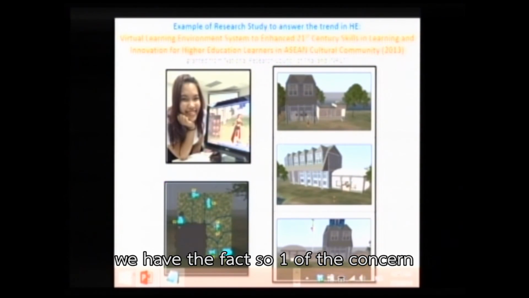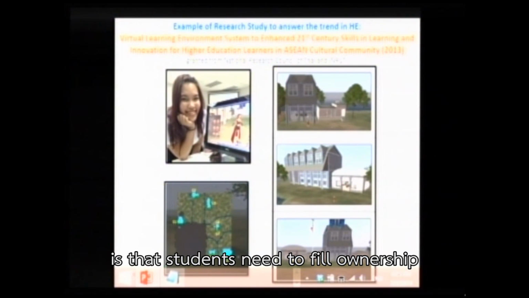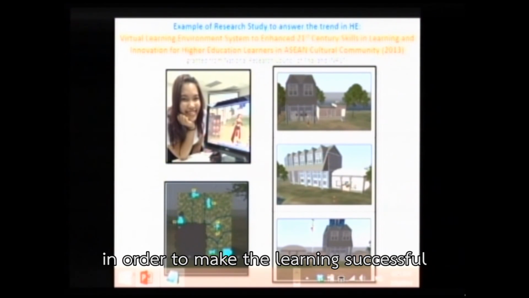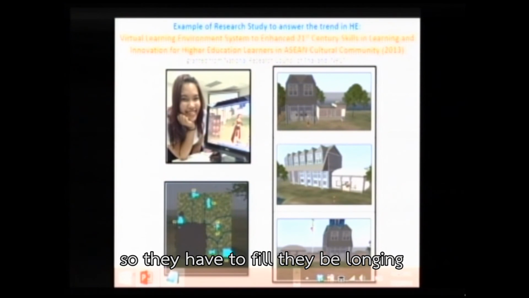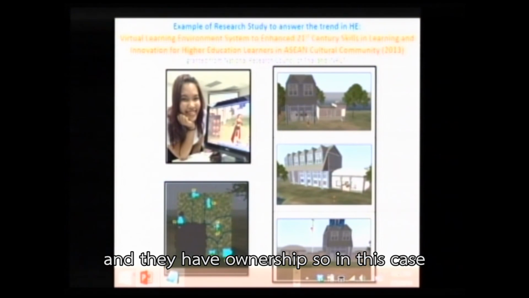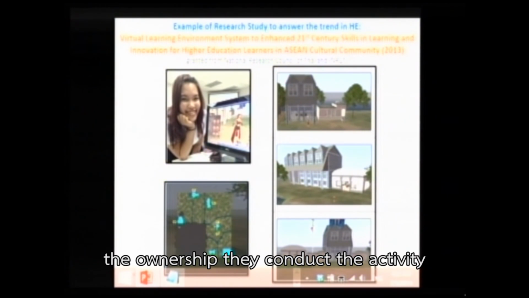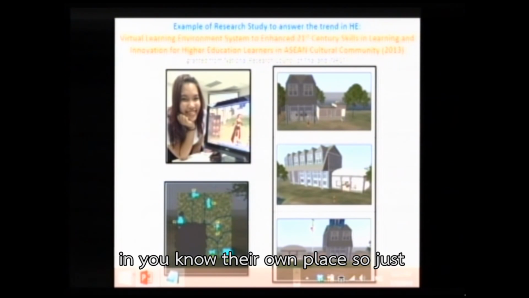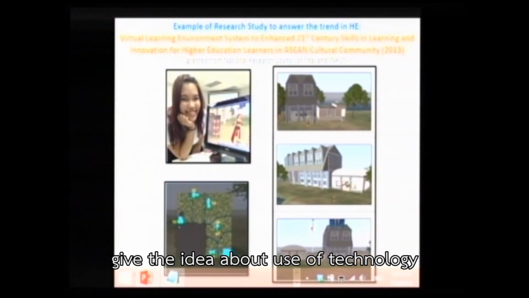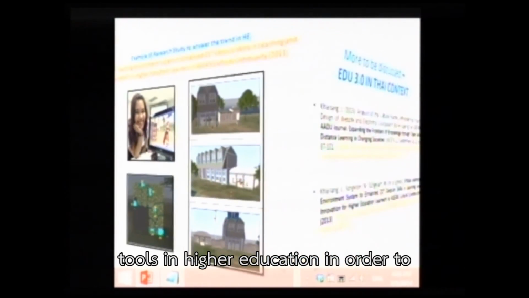One of the concerns is that students need to feel ownership in order to make the learning successful. They have to feel they belong and have ownership. So in this case, we use the flag to represent ownership, and they conduct the activity in their own place.